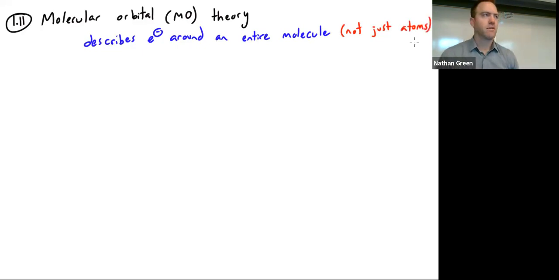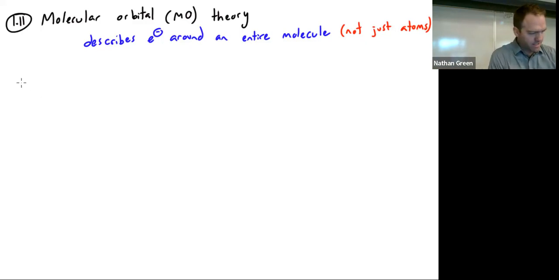We've actually been talking about some molecular orbital theory. I've snuck it in. We aren't going to talk about sp or sp2 or sp3 hybridized orbitals because those belong to individual carbons. Instead, we're going to talk about the shared electrons. A sigma bond is a type of molecular orbital because a sigma bond is shared between two atoms. A pi bond is a molecular orbital because it's shared across multiple atoms.